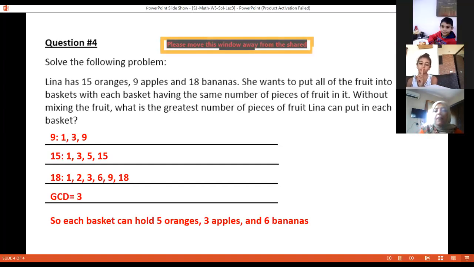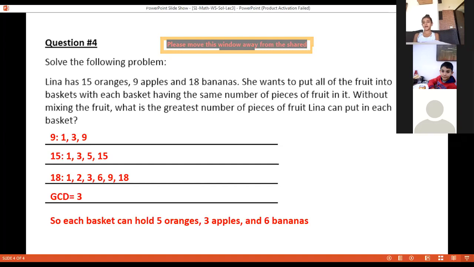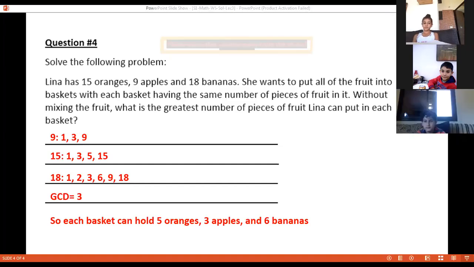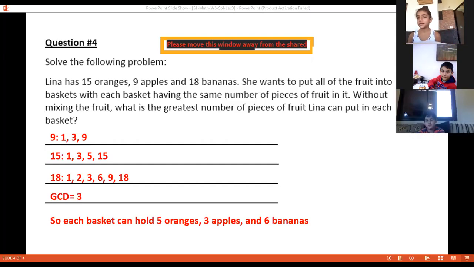So 15 divided by 3 is 5. 9 divided by 3 is 3, so it's 3 apples. Yes, Lana. And 18 divided by 3, what's 18 divided by 3, guys? 6.